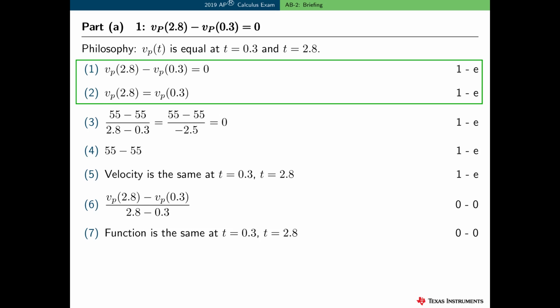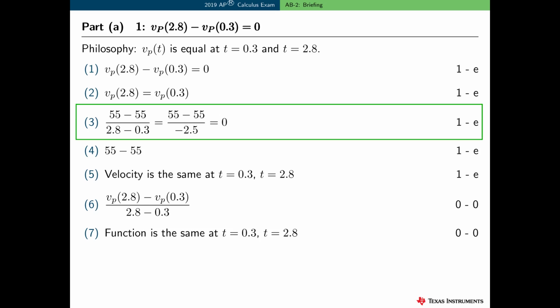Here are some sample student responses and how each was scored. In examples 1 and 2, the student has certainly conveyed that v sub p of t is equal at t equal 0.3 and t equal 2.8. The first point is earned, and they are eligible for the second.